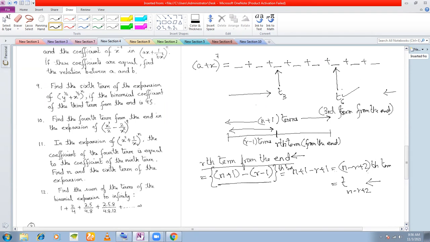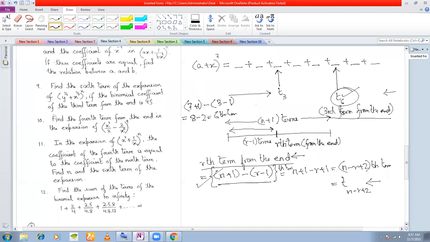If I say third term from the end, I locate it as 7 plus 1 minus (3 minus 1), which is 8 minus 2, which is the T6 term. So third term from the end means sixth term from the beginning. Just remember this result.